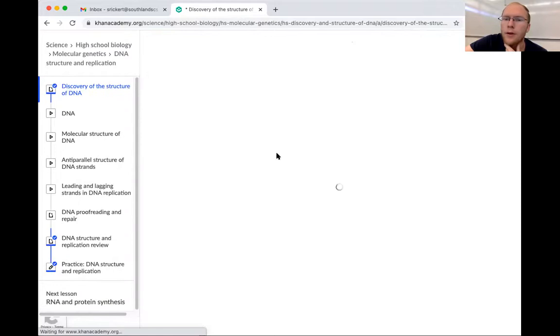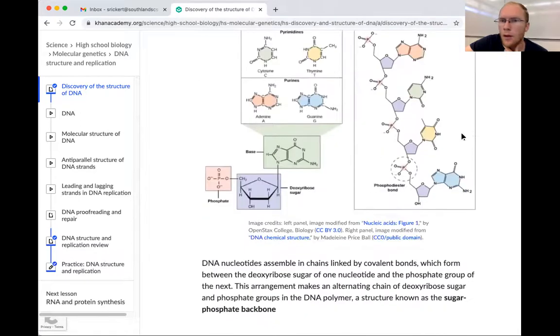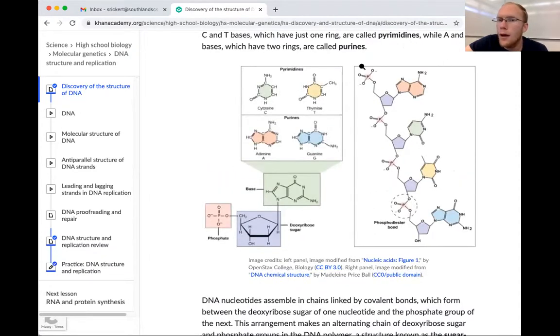Okay, so here's what you need to know about the DNA double helix. It's made out of these backbones right here that have a phosphate group. So that's phosphorus bonded to 4 oxygens, and then it's bonded to a carbon chain.